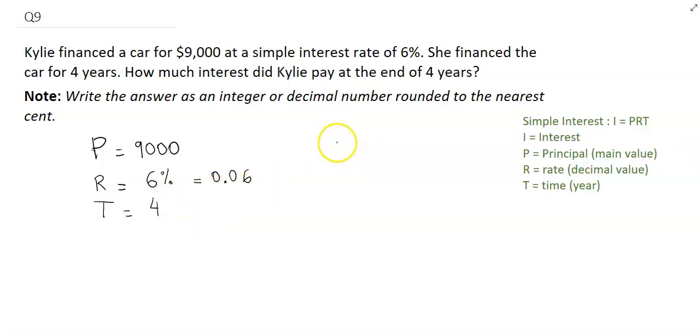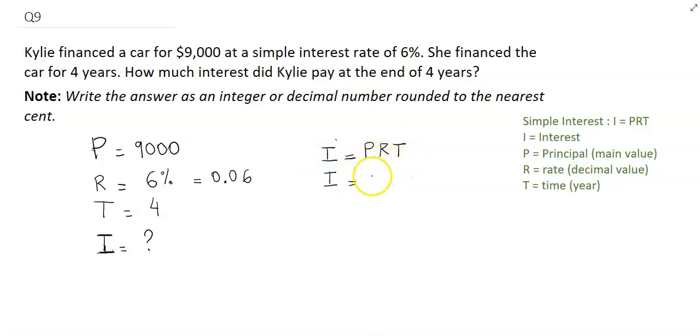So then what I want is how much interest Kylie is gonna pay after these 4 years borrowing this money to buy the car. So if you identify all the 4 variables and put a question mark on the one that you want, you just use the formula, replacing what you have and leaving the variable that you want to find.